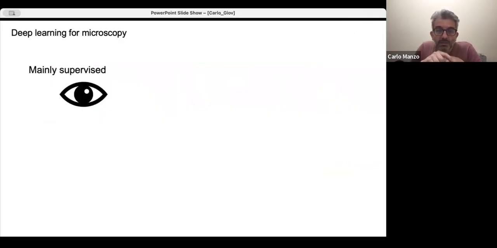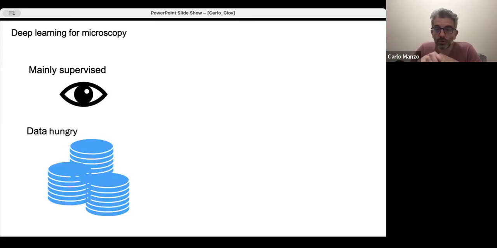But the first one is that most of the methods that have been applied so far to improve the quantification of images and movies are supervised. So in order to be able to use them efficiently, we need a lot of labeled data.